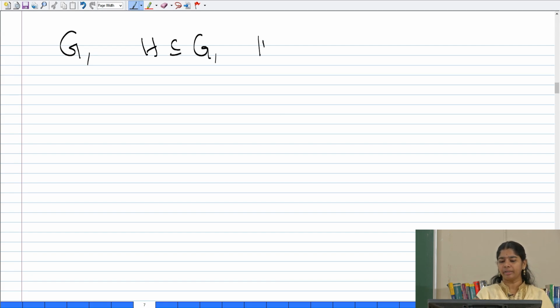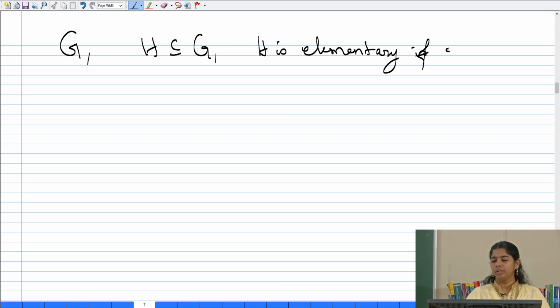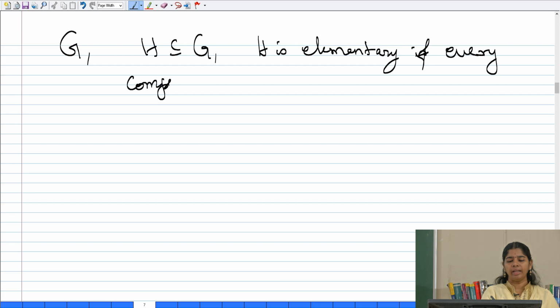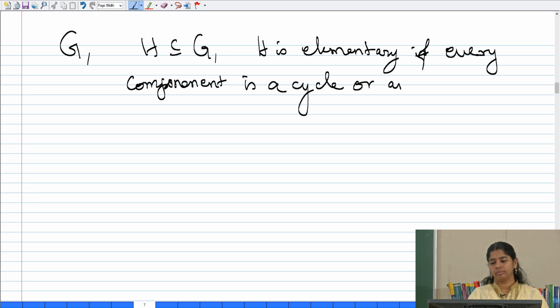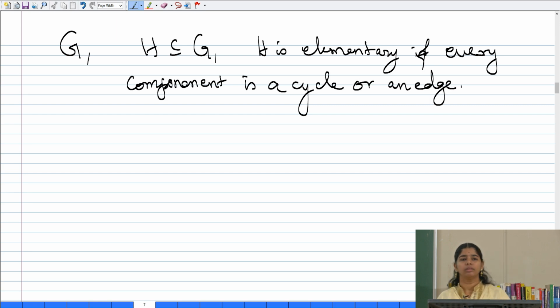Given a graph G, I say H is a subgraph of G and H is elementary if every component of H is either a cycle or an edge. So, every component of the subgraph is either an edge or a cycle.